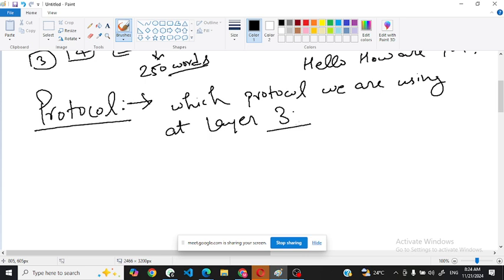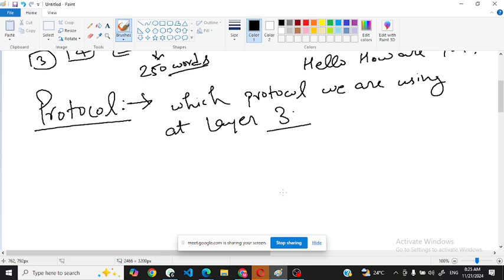No, fragment offset is a separate field. It's not a flag. There are only three flags: reserved, do not fragment, more fragment. Is it clear? Yes, sir.